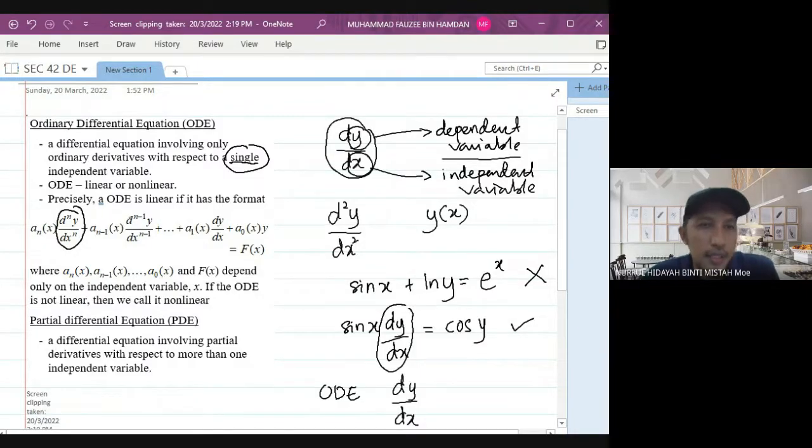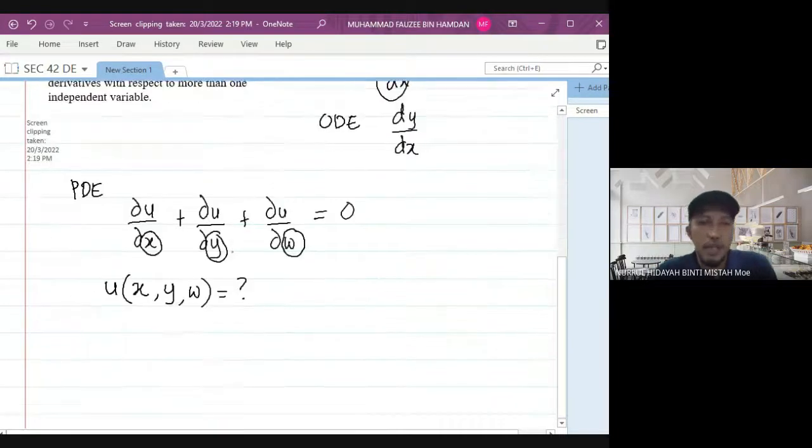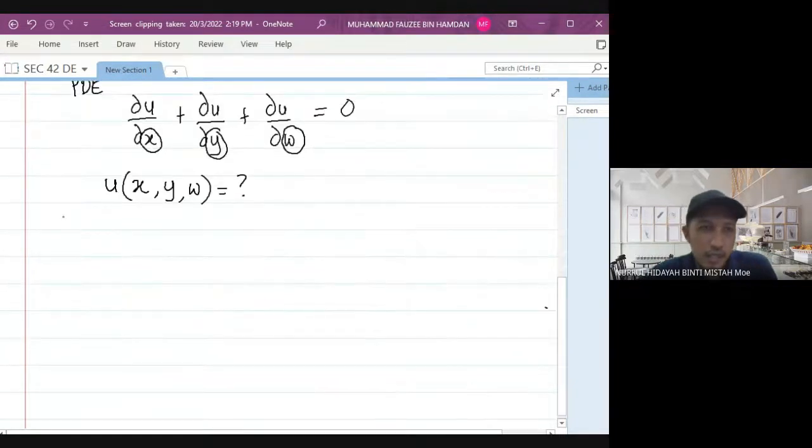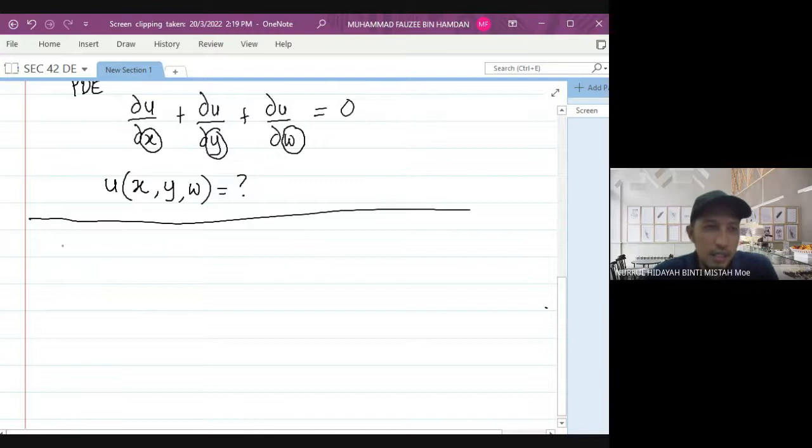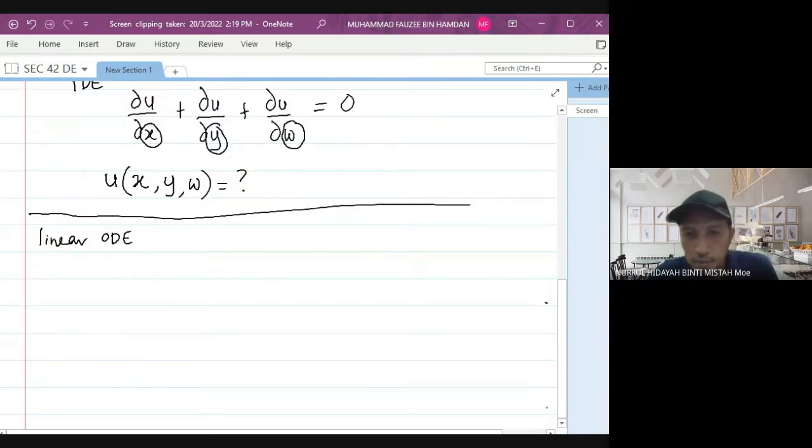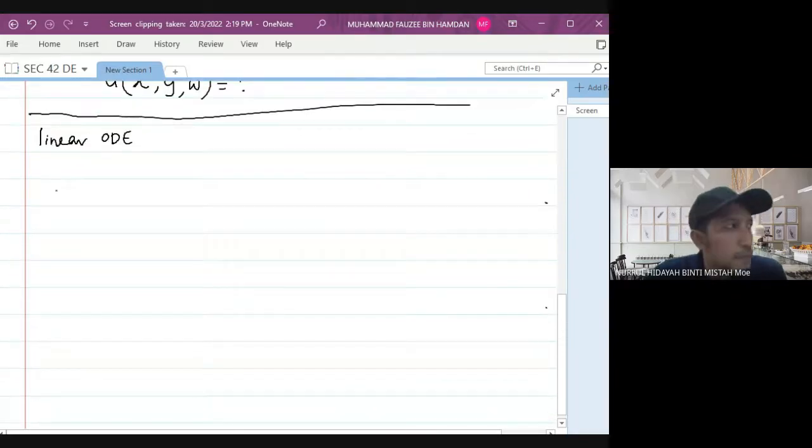So basically, the standard form of a linear ODE is like this. Okay, I write it again. This is a linear ODE, the standard form.